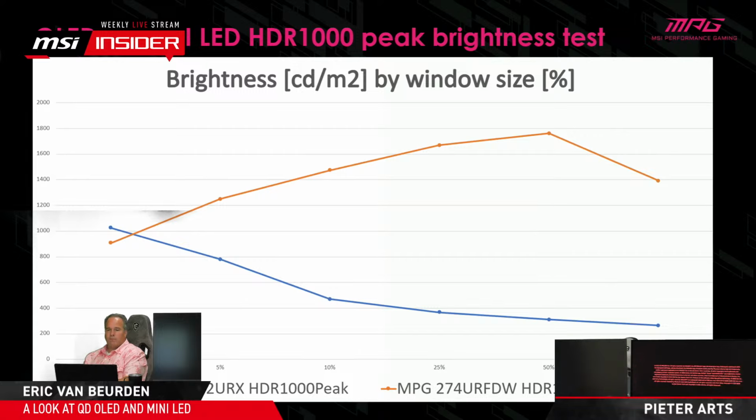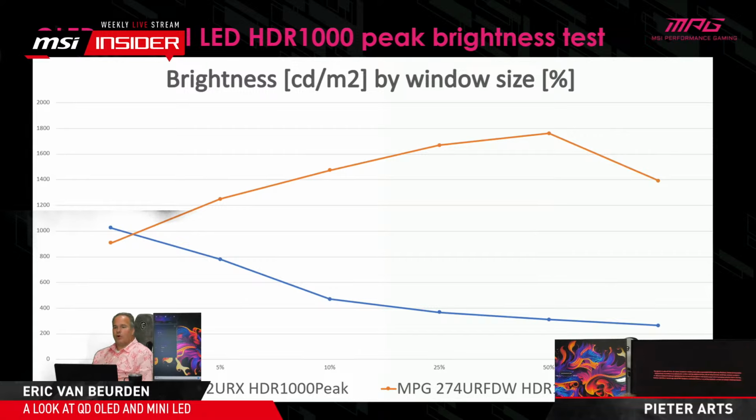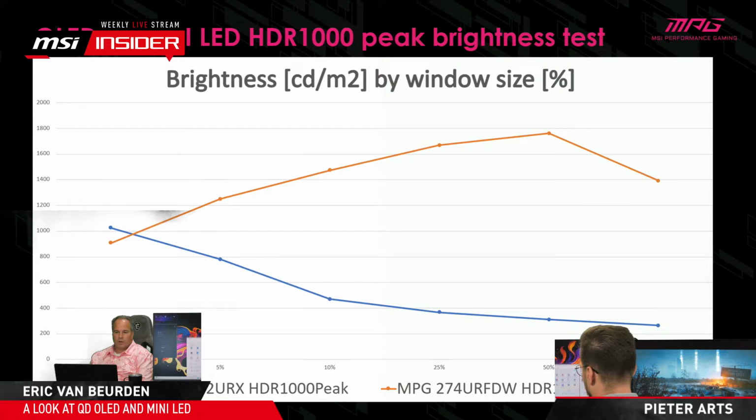Okay, this is a benchmark from Ruud, and it's showing you the curvature between the QD-OLED and the Mini LED in HDR. The blue line is the QD-OLED, and the orange line is the Mini LED.